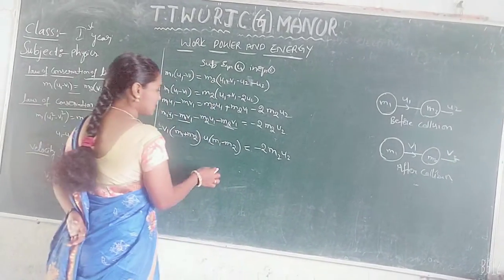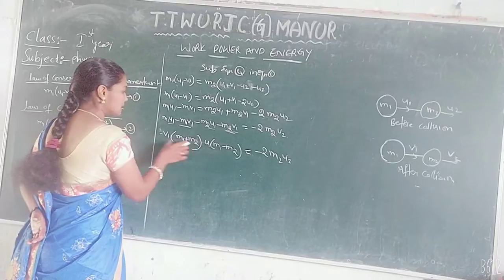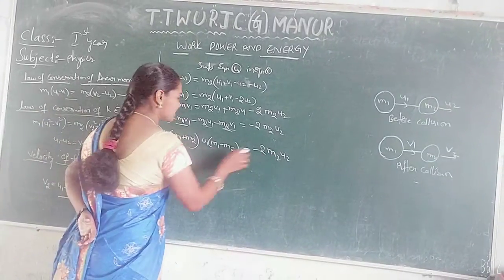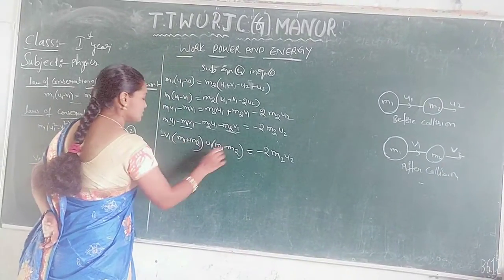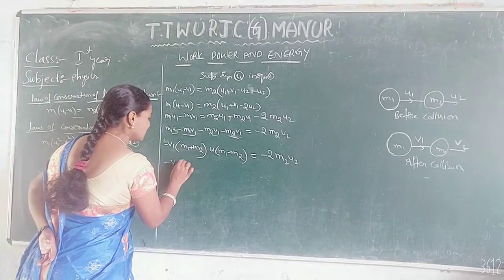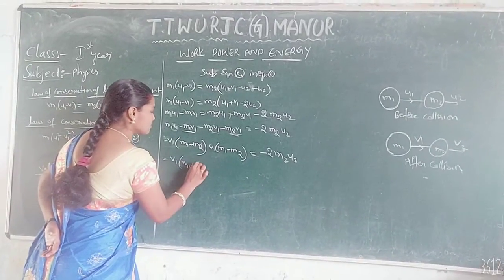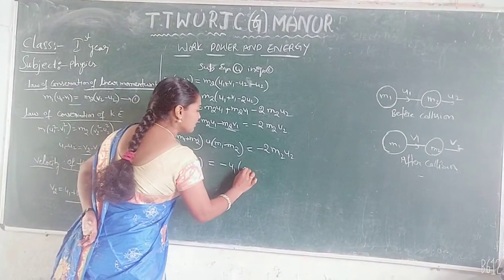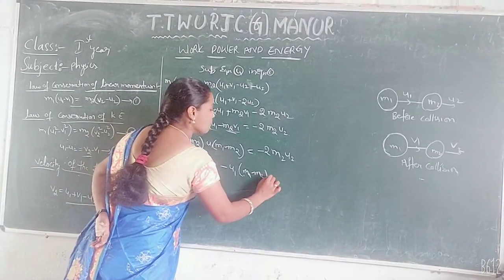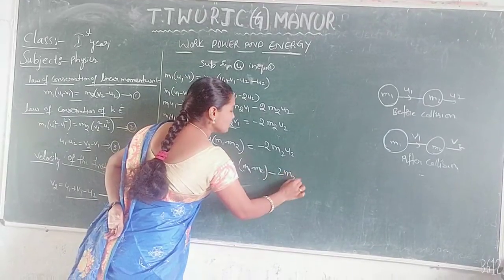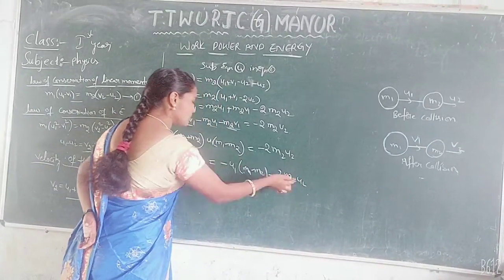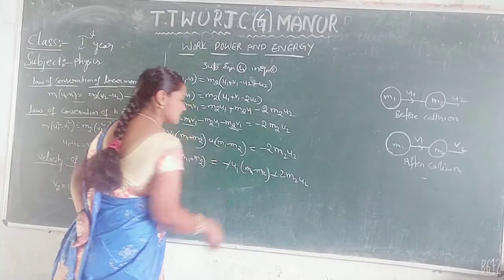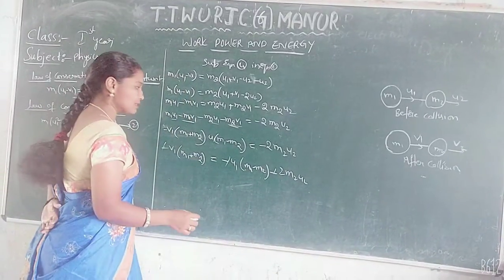Now bring this term to this side. Minus v1 into (m1 plus m2) is equal to minus u1 into (m1 minus m2) minus 2 m2 u2. Take out these minus signs; the minus gets cancelled and all the terms become positive.